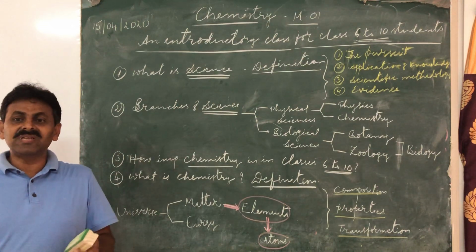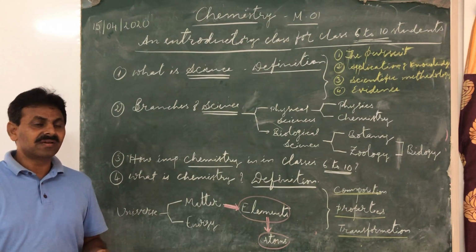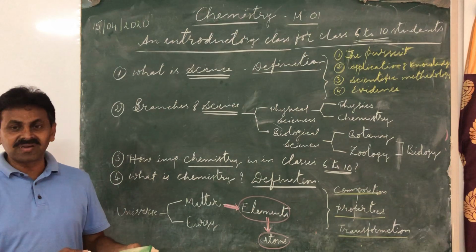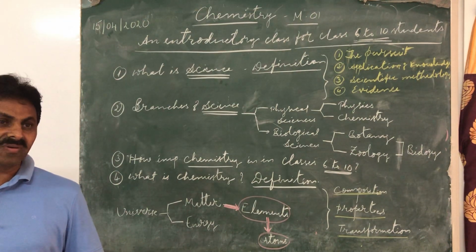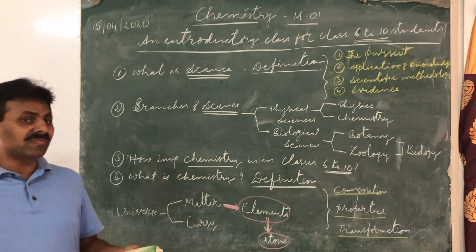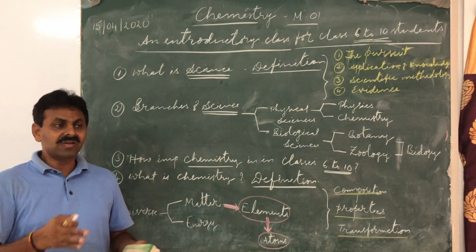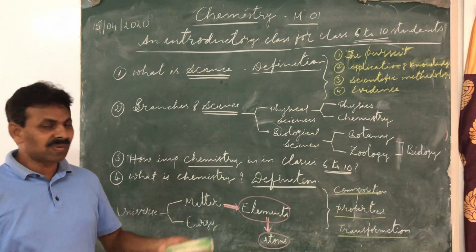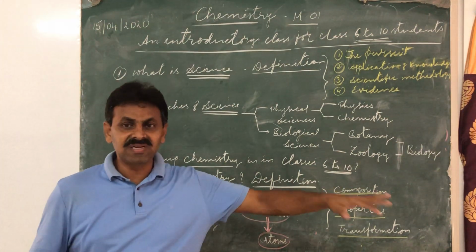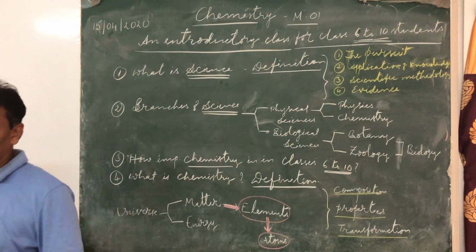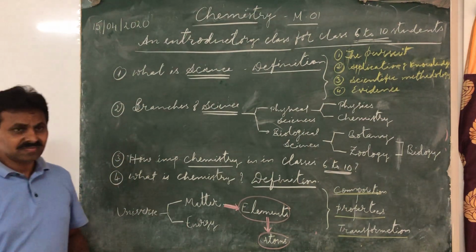Then the data obtained by one particular researcher may be repeated by X, Y, Z also, because everyone must get the same result. It's not that you are getting some result in this experiment, and in the same experiment Y scientist is getting some other result, Z scientist is getting some other result. No, that will not be accepted.